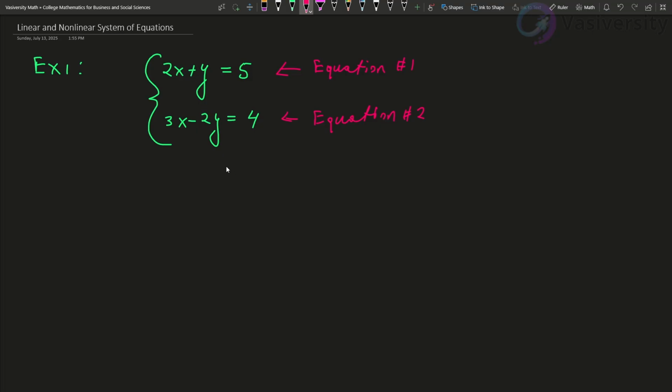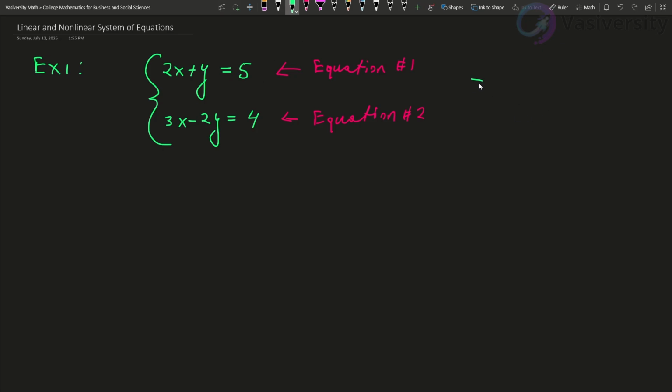In order to solve a system of equations, the number of equations should match the number of variables. So if we have two variables, x and y, we have to have at least two equations to solve for x and for y. How would we solve that? Our intuition says, let's solve for one variable and then plug it into the other equation. We can do that.